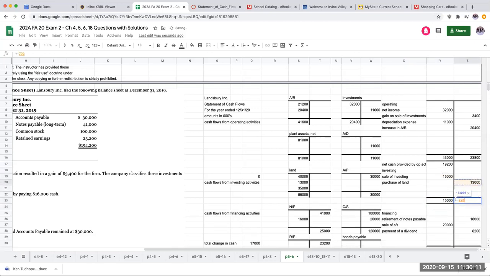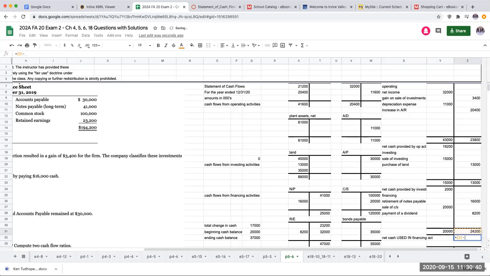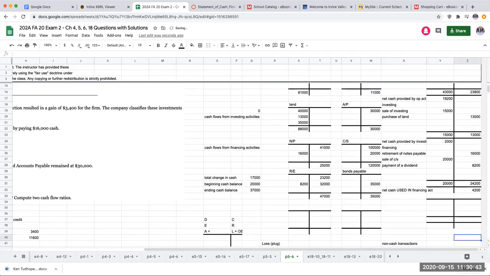Here I have net cash provided by investing. And for financing, I have 20,000, 16,000, and 8,200. So this is my net cash used in financing activities, and this is going to be 4,200.